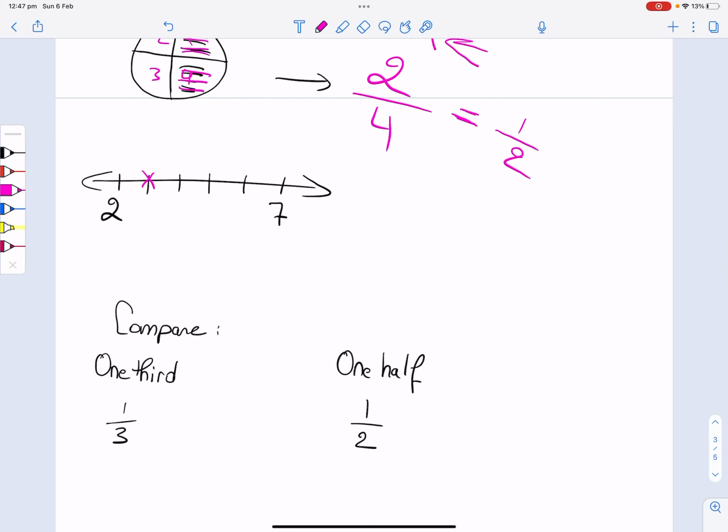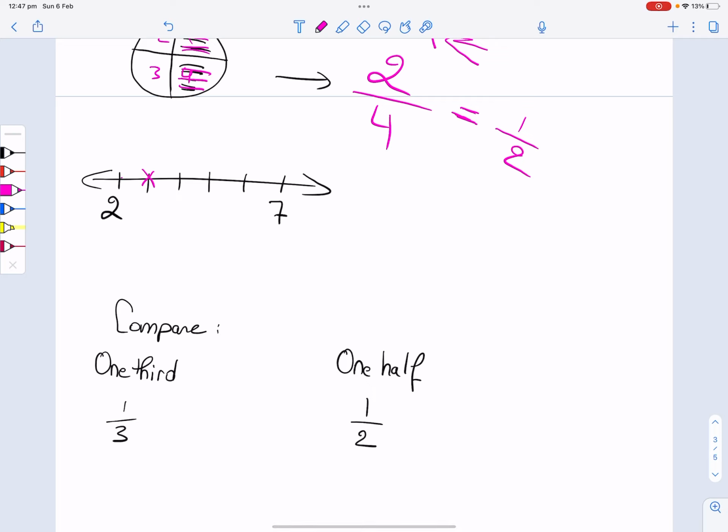Let's have an example, this one. They ask us to represent this as a mixed number. It's very easy. There are steps. First, we see what is the space between 2 and 7. 1, 2, 3, 4, 5. The space is 5. We put 5 as the denominator.